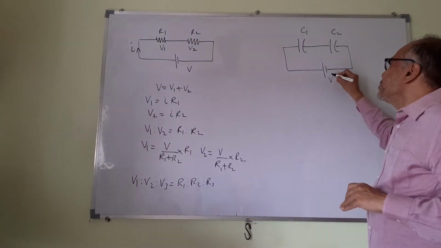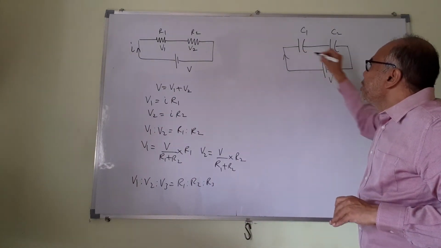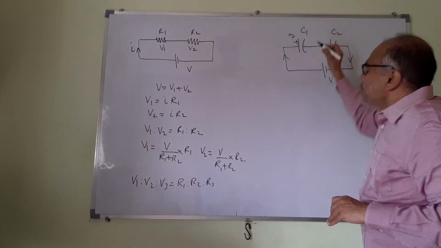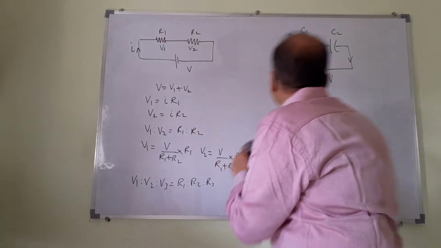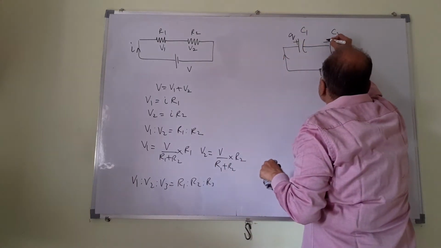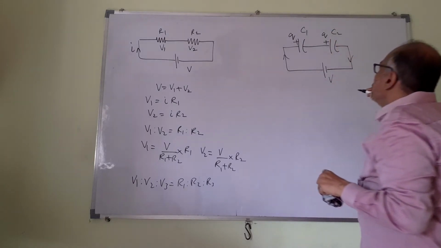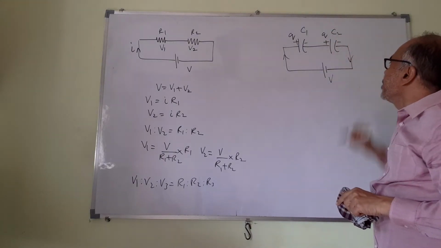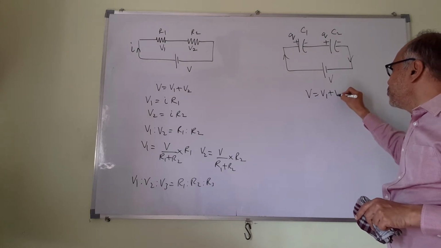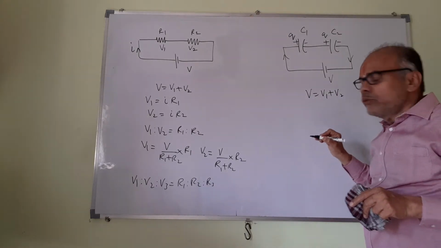If you come here, there will be a charging current and the same charge will reside on both the capacitors. So you will have a charge Q here, a charge Q here, plus minus plus minus. So again you will have V is equal to V1 plus V2.